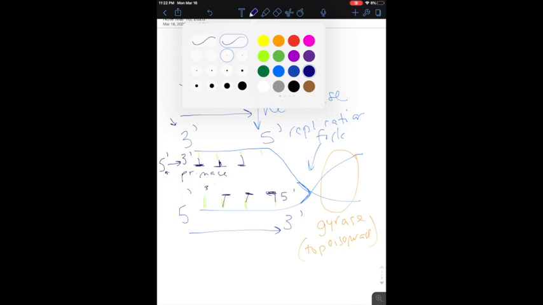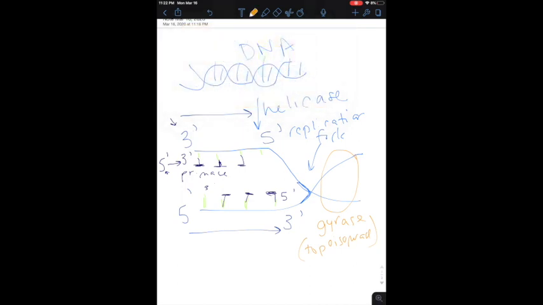So now that we have primase telling DNA polymerase 3 where to lay down the nucleotides, this top strand is easy.